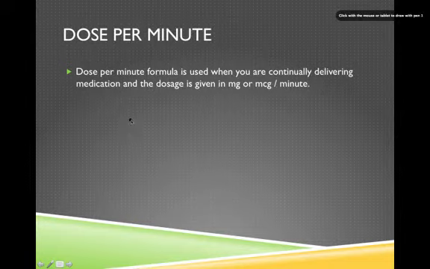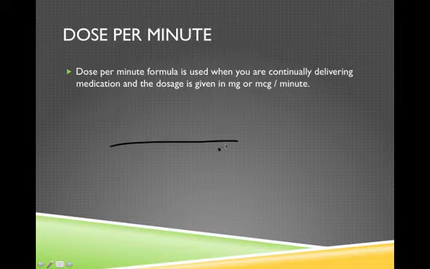An example: let's say that we had a drug that was 4 milligrams per milliliter, and we would like to give them 2 milligrams per minute. So 2 milligrams per minute dose times the drip chamber.